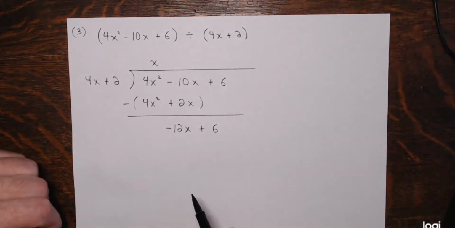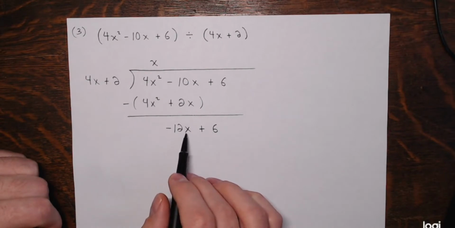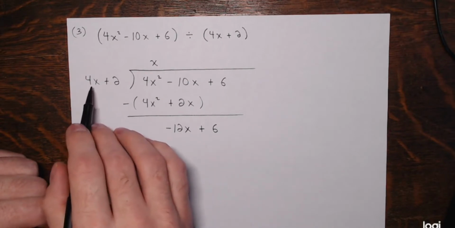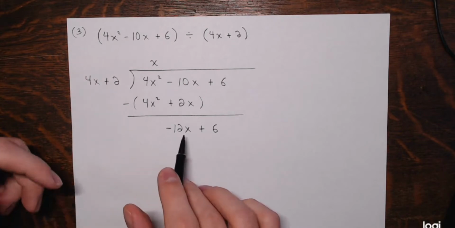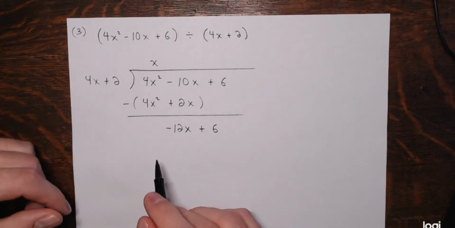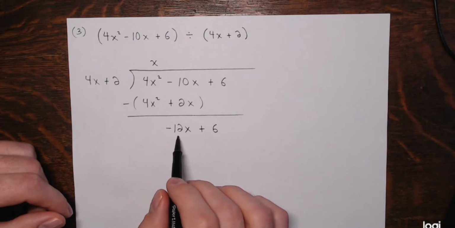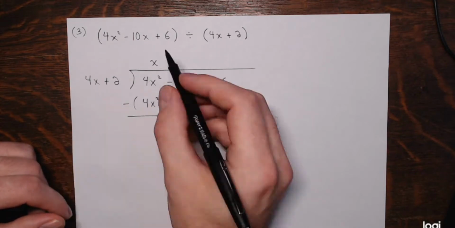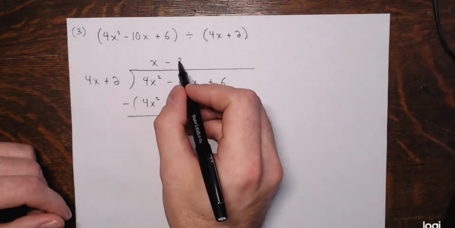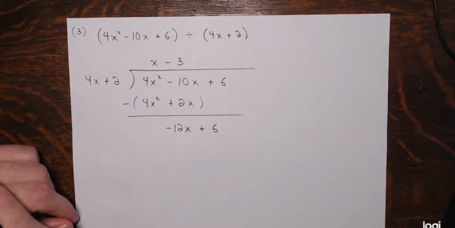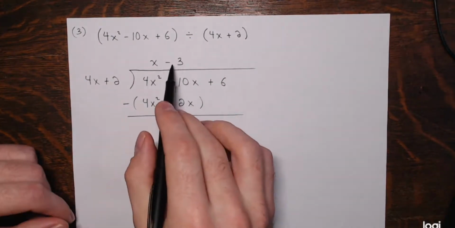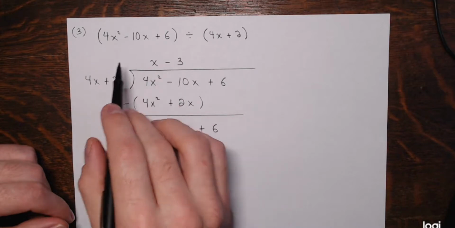This is degree 1. The divisor is degree 1, so it's not less yet. So we keep going. Divide the lead terms. Negative 12x divided by 4x would be negative 3. That goes in the quotient. Then I multiply negative 3 by 4x plus 2.